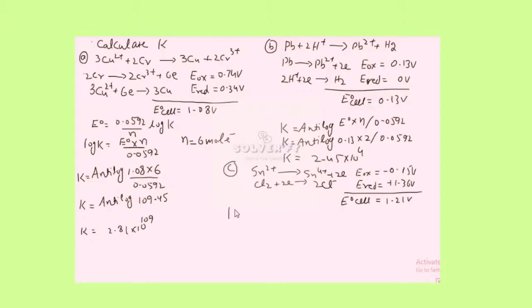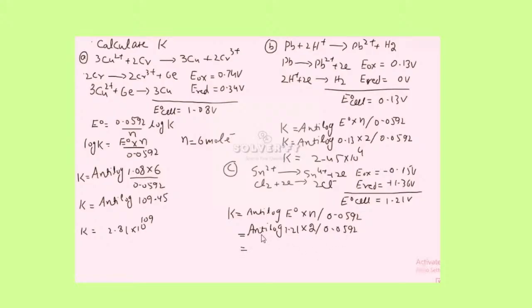So calculating the K, where K is equal to antilog of E naught of the cell into n divided by 0.0592. So antilog of E naught, which is 1.21, multiplied by n, the number of electrons lost and gained, which is 2, divided by 0.0592.